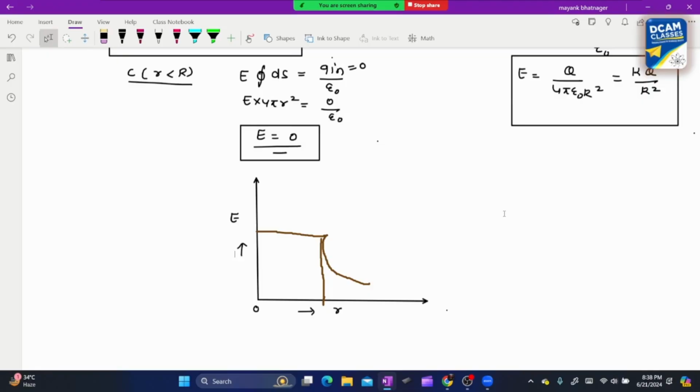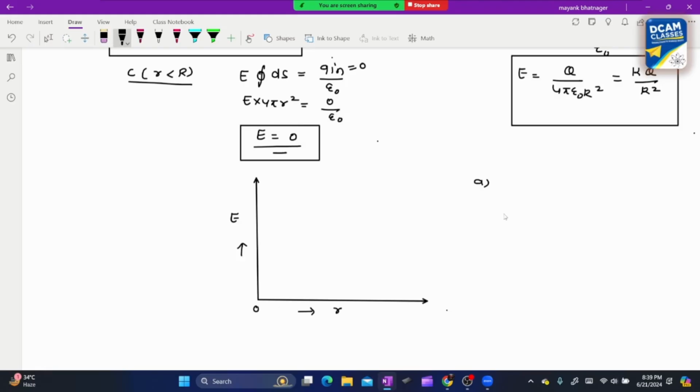Still it's wrong. Sir, I think it will be an increasing graph. No, it won't be increasing. It will be decreasing only. Why? Because actually he has drawn very correct, but there was only one mistake. It won't be increasing. Why?